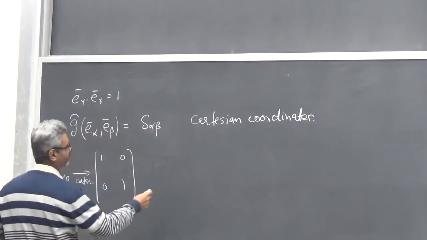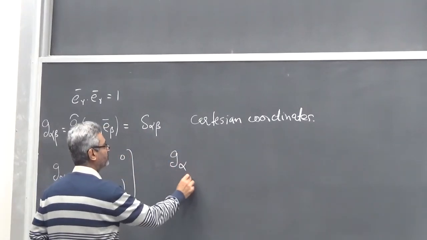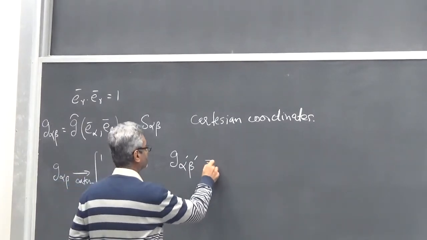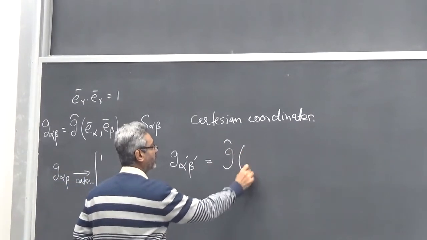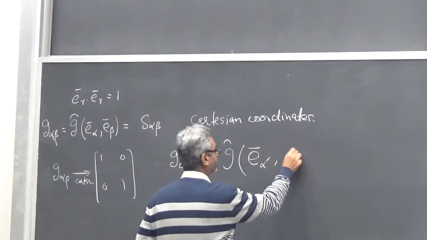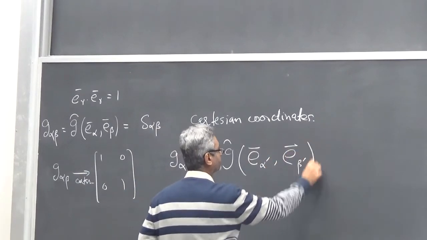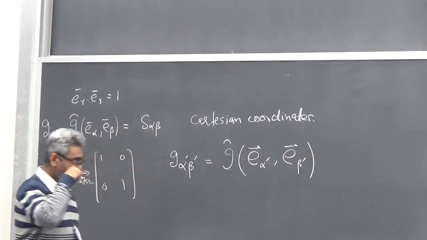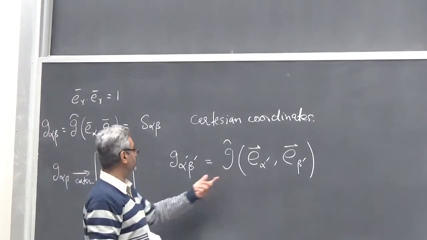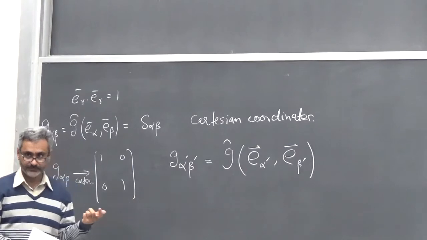Yeah, so G(α', β'), right? Now you put alpha prime and beta prime. These are the basis vectors in the polar coordinates. And how can we use this to calculate the metric tensor?